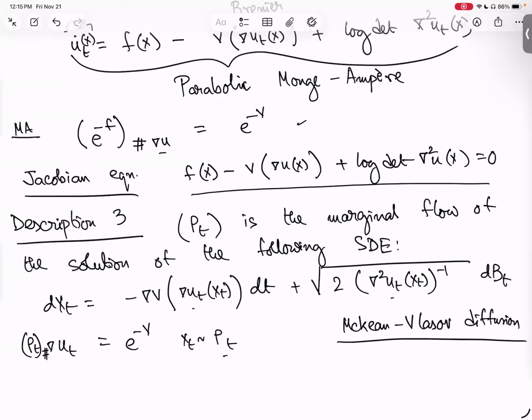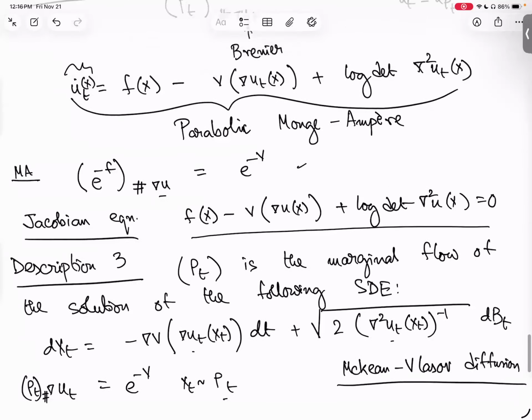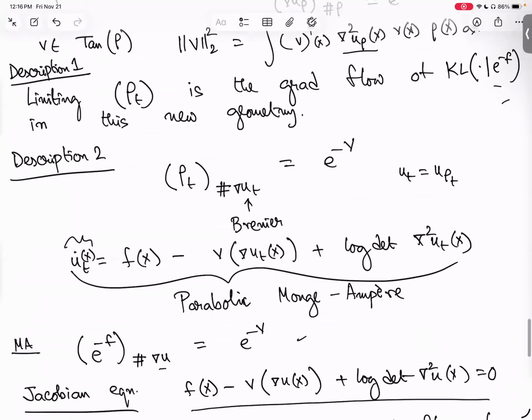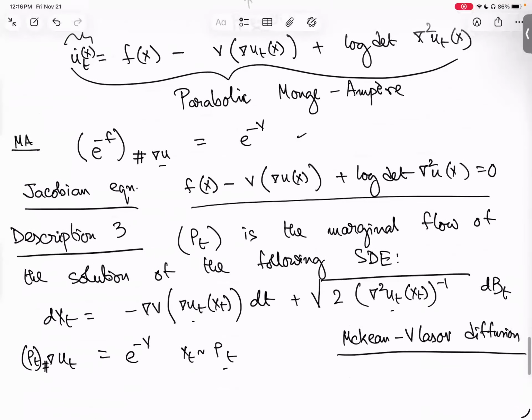As you can clearly see, this is the same as a mirror Langevin diffusion, except that you also evolve your convex function. So in terms of the mirror geometry, at every rho_t I'm using a different mirror geometry, a different Hessian geometry, where the Hessian structure is given by the Brenier map transporting rho to e to the power minus V. So these three are equivalent descriptions of the same limit, which is what the Sinkhorn iterates are converging to.